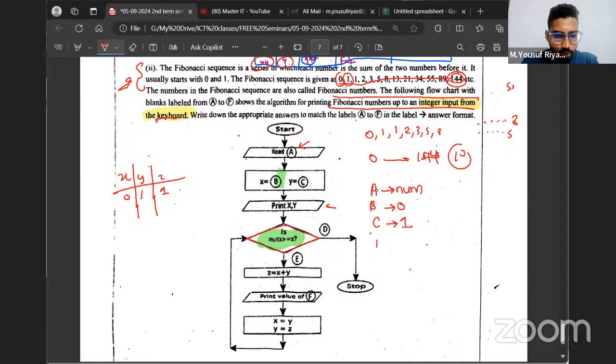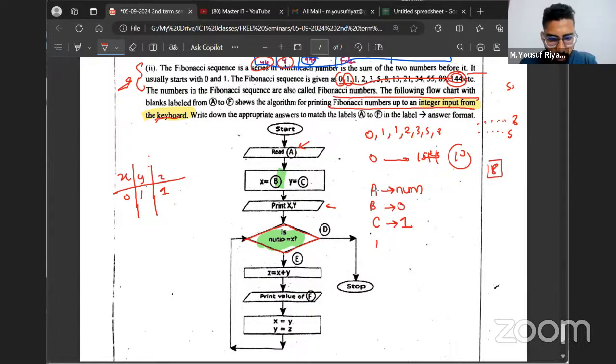So based on that, if number is greater than or equal to X, the program has to stop. Or else, because you can see below, let's say I enter number 8, as long as the number is greater, it repeats.